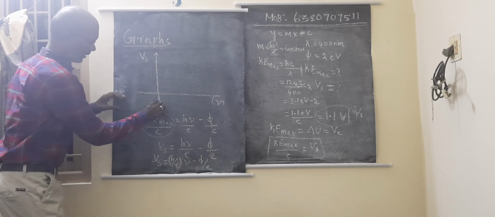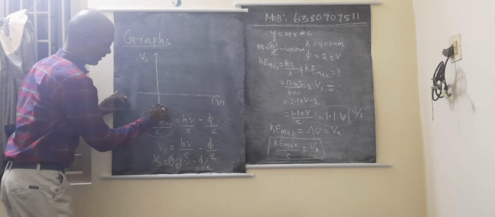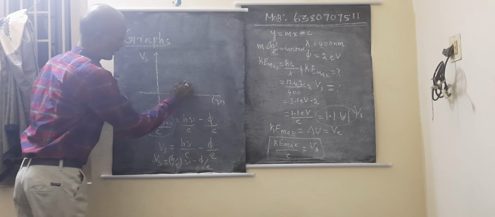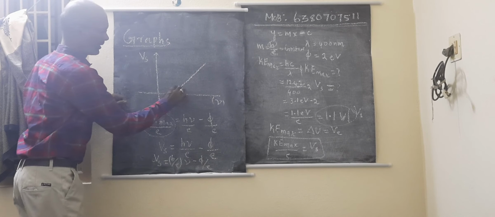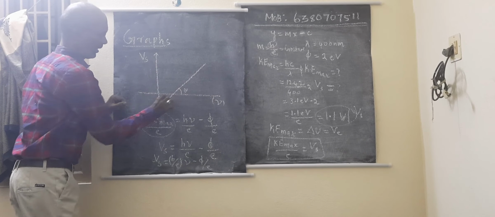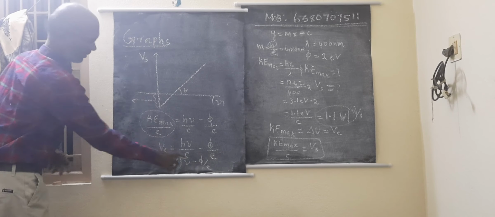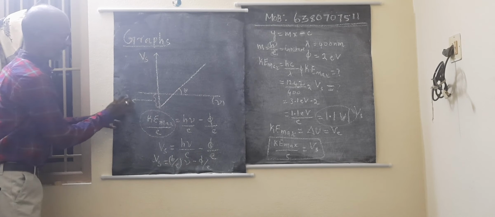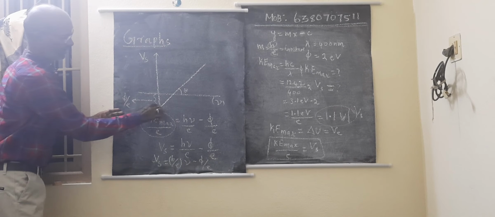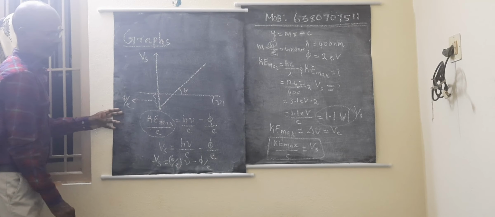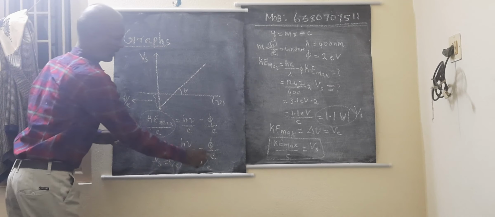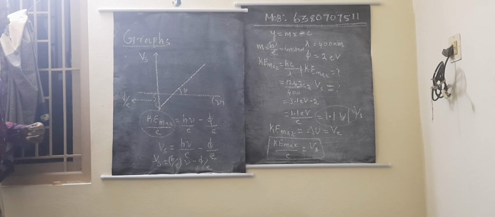So how to draw the graph? When you draw a graph like this, this will be the slope theta, and this point is called the y-intercept, phi by e.